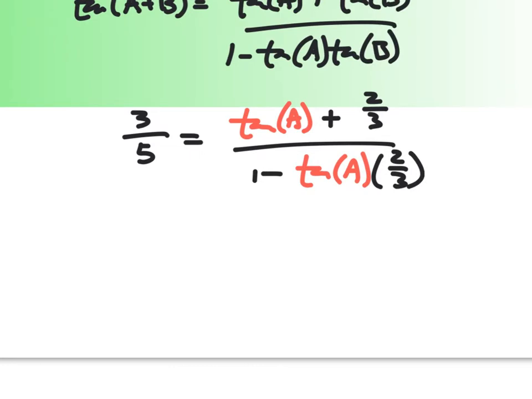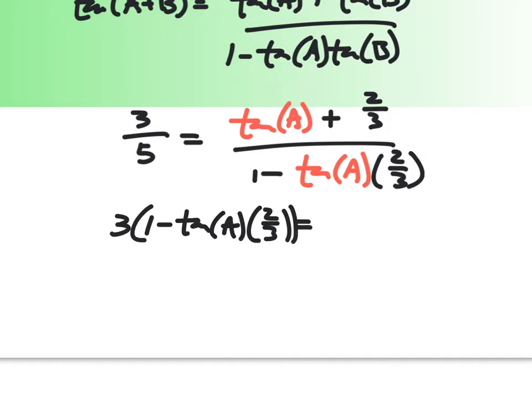Okay, so let's do some work from here. We need to isolate the tangent of A. So I would probably cross multiply. If I do that, I get 3 times 1 minus tan A times 2/3 is equal to 5 times the quantity tangent of A plus 2/3.